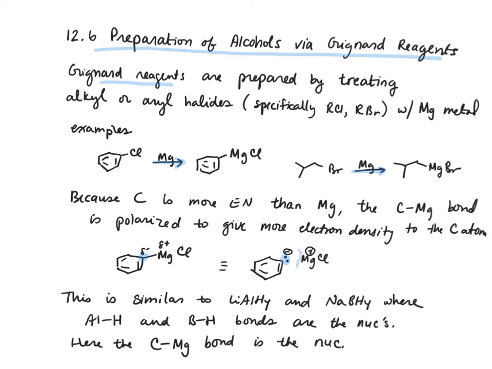Essentially, your reagent is going to act like benzene with a lone pair and a negative charge. This is similar to lithium aluminum hydride and sodium borohydride, where the aluminum-hydride and boron-hydride bonds are the nucleophiles. Here, the carbon-magnesium bond is the nucleophile.